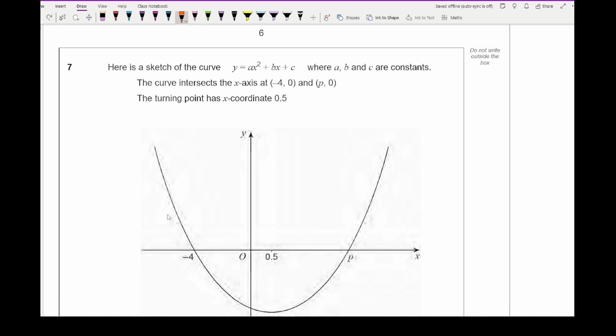So for this, as this point here is the midpoint, all we need to do for p is work out the distance here. So the difference between minus 4 and 0.5 is 4.5. So that means that this distance here must also equal 4.5. So p equals 4.5 plus 0.5. So p equals 5.